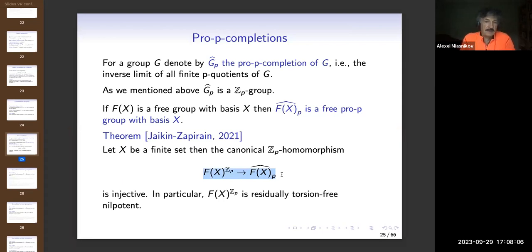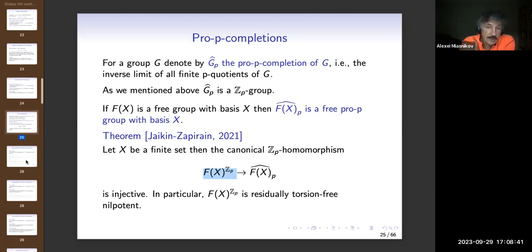But we have a subgroup of the free pro-p group which we know a lot of things about. Of course, it would be nice to apply free products with amalgamation in the category of pro-p groups and get the whole thing again. Right now, this is a proper subgroup. Formally, nobody proved it, but it's sort of clear that it's not the whole free pro-p group.